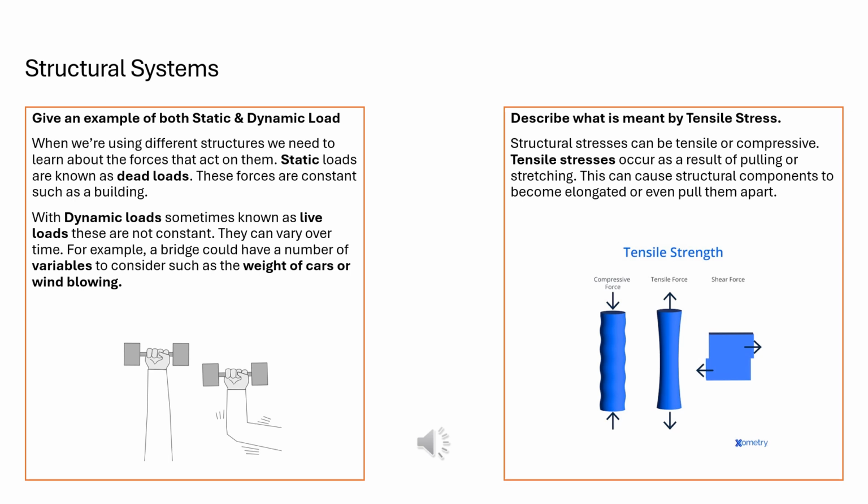However, dynamic loads are also known as live loads. These are not constant. They can vary over time. For example, if you've got a bridge, the number of cars going over that bridge will vary from time to time. So it's not always going to be the same load.